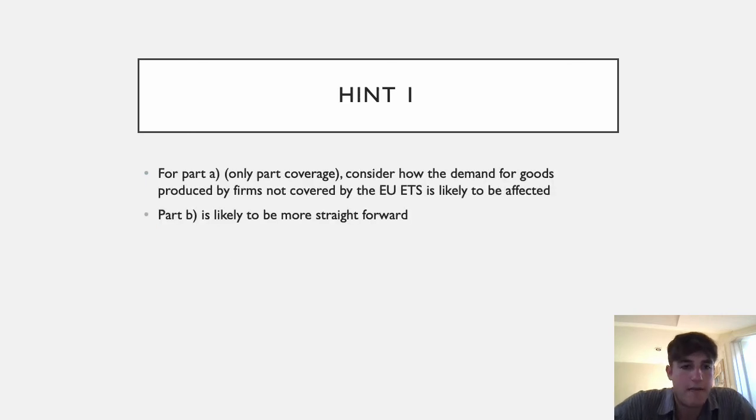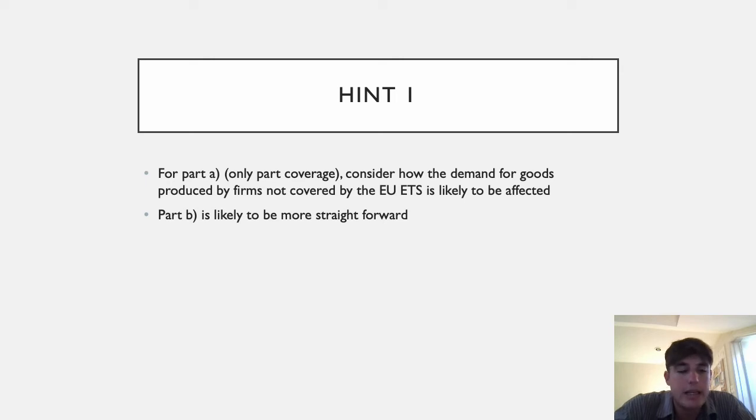Okay, my first hint is for part A, which is only part coverage. Consider how the demand for goods produced by firms not covered, i.e. those who don't have to buy the allowances, is likely to be affected.